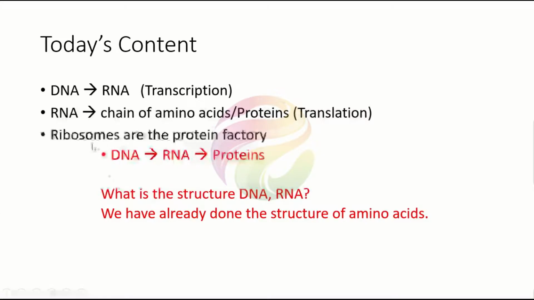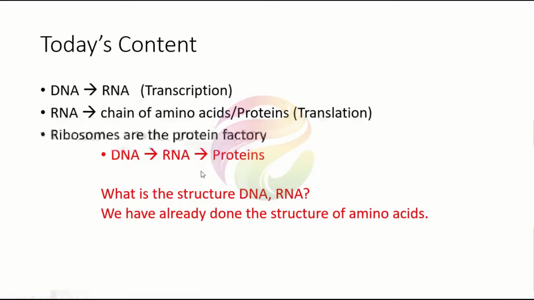You can say that just as the human body has organs that perform functions, cells have many different types of organelles present in them. Ribosome is one of them, and the ribosome makes proteins. So we are going to talk about the central dogma of molecular biology, the formula DNA to RNA, RNA to proteins. We will discuss it in detail.